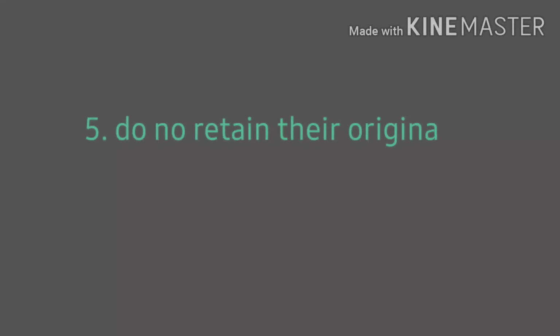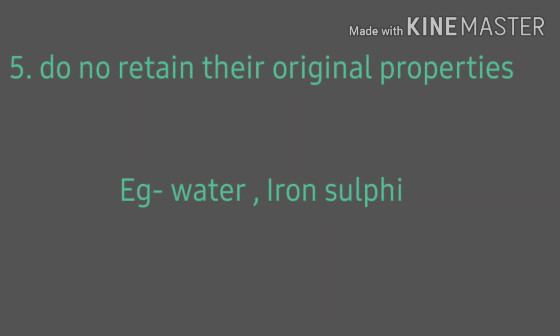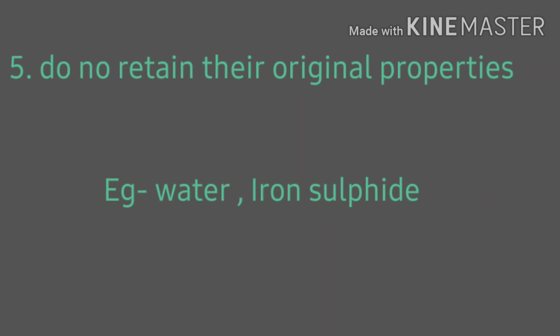And the next property is that components in a compound do not retain their original properties, and they can be separated only by chemical means. For example, the properties of water are entirely different from those of its constituent elements, hydrogen and oxygen.